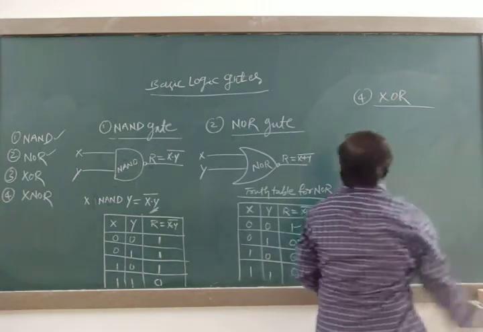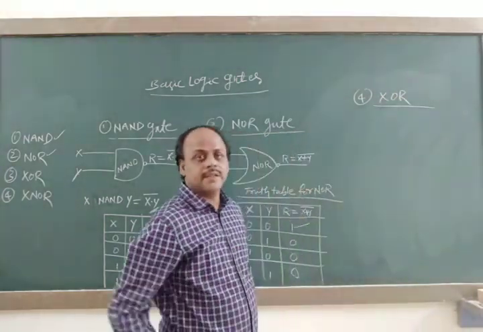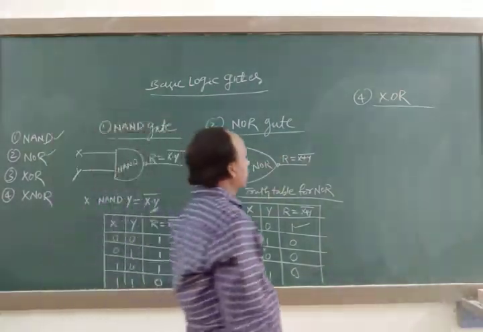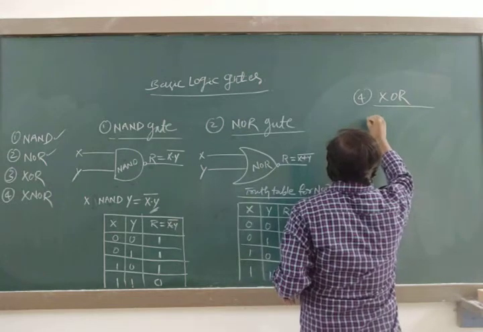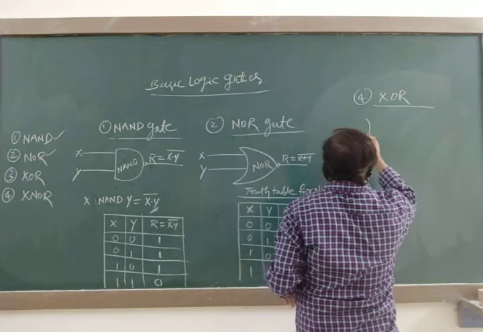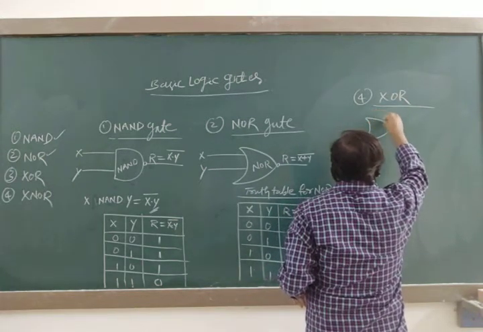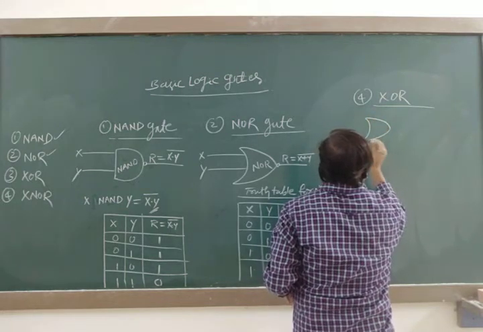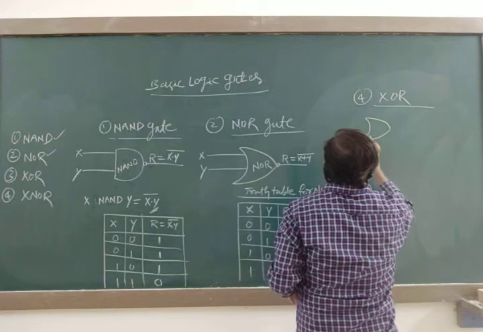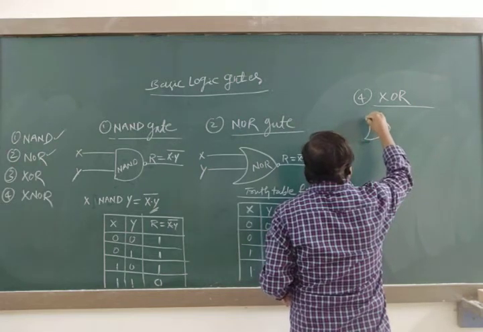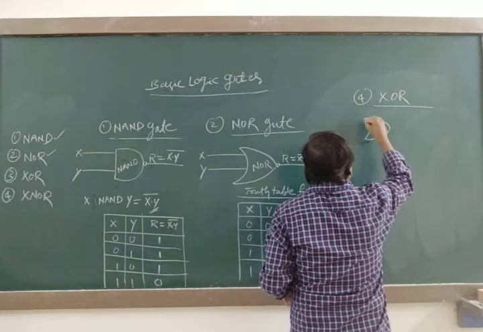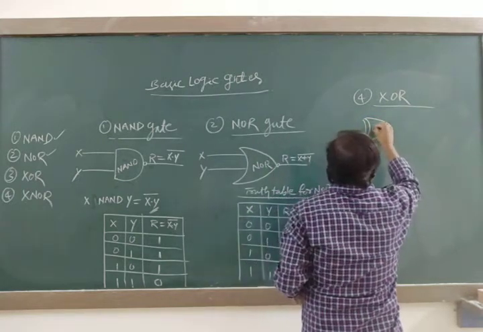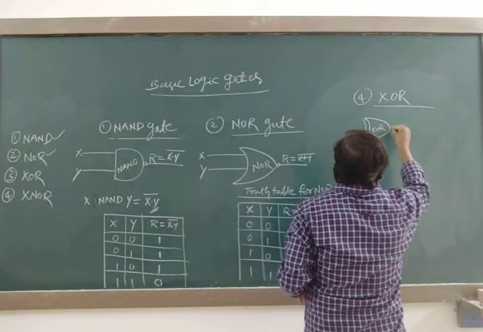the XOR gate. First see the logic diagram of the XOR gate. This is also called the exclusive OR gate.